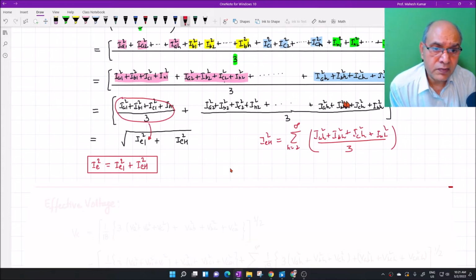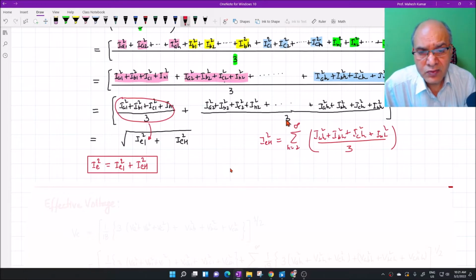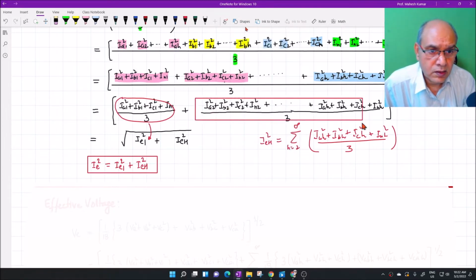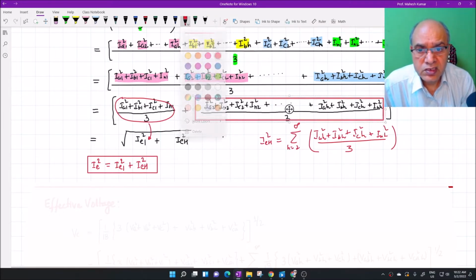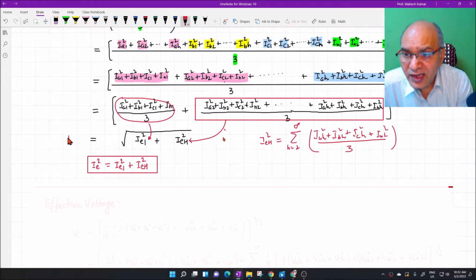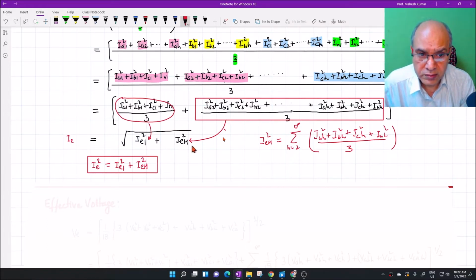And this whole thing can be called as IEH square because it consists of harmonic components from second harmonic to the hth harmonic. So now IE square is nothing but IE1 squared plus IEH square. Okay.